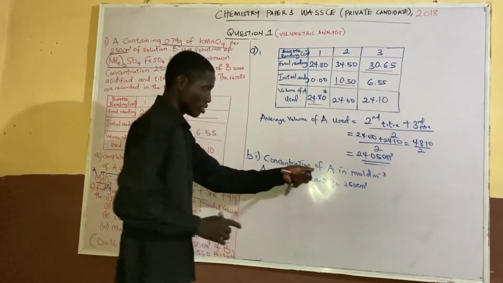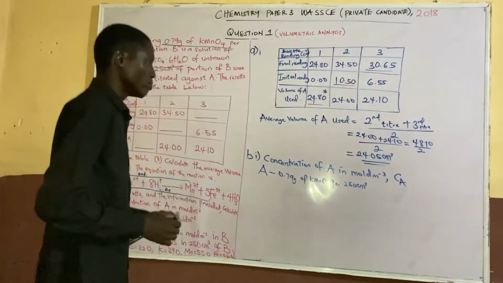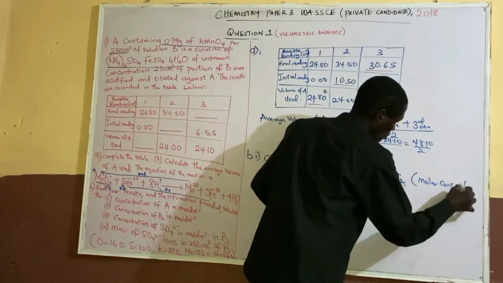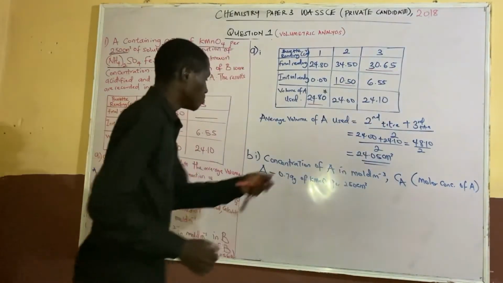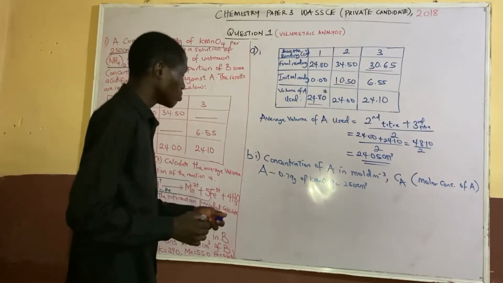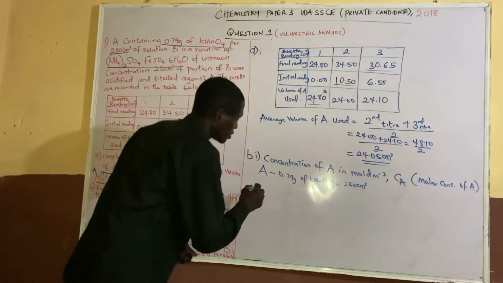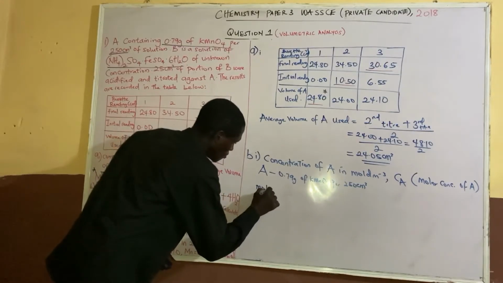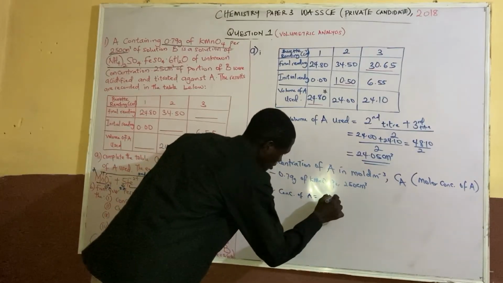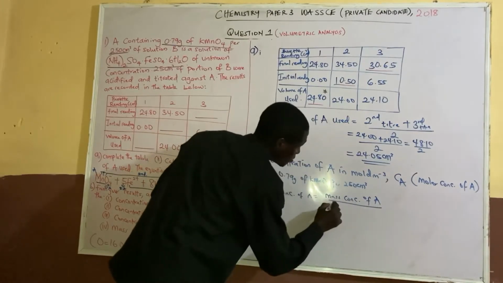Now we are asked to calculate the concentration of A in mole per dm cubed, which means we are looking for CA, the molar concentration of A. Now, how do we calculate the molar concentration of A? You need to use the formula: molar concentration of A will be equal to mass concentration of A all over molar mass.